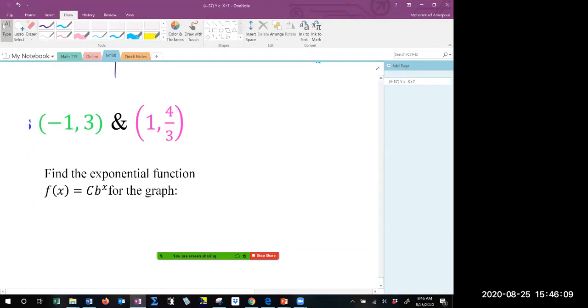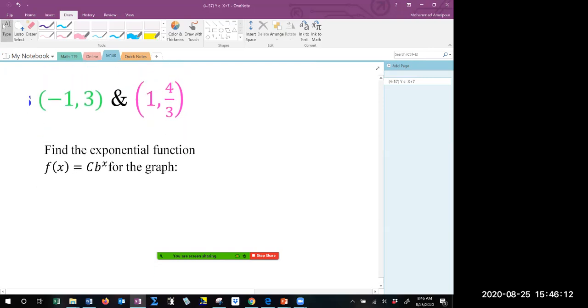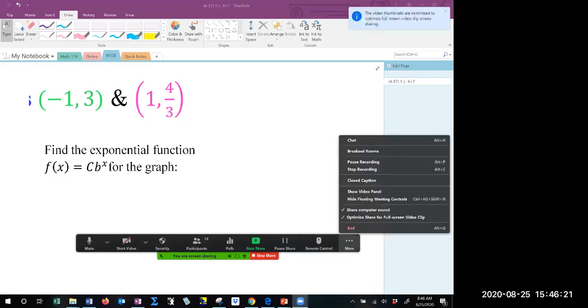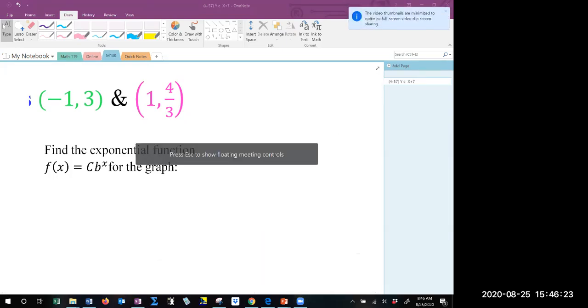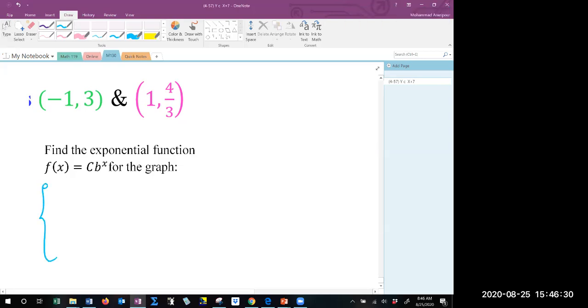So here's what we have. What I want you to see is really the following system of equations. We have the pair -1, 3, and we have the pair 1, 4/3.